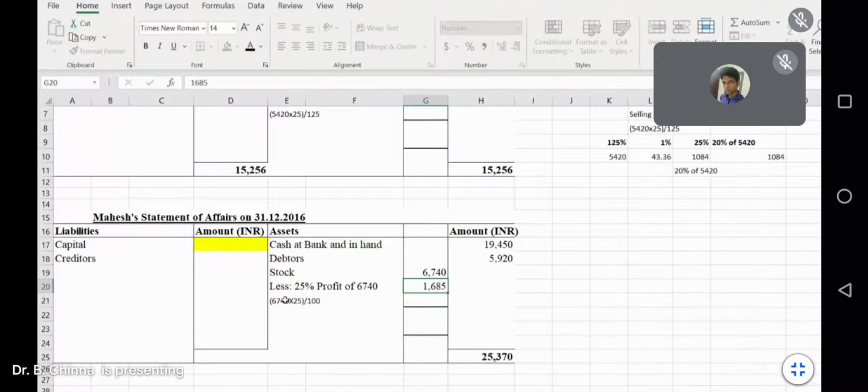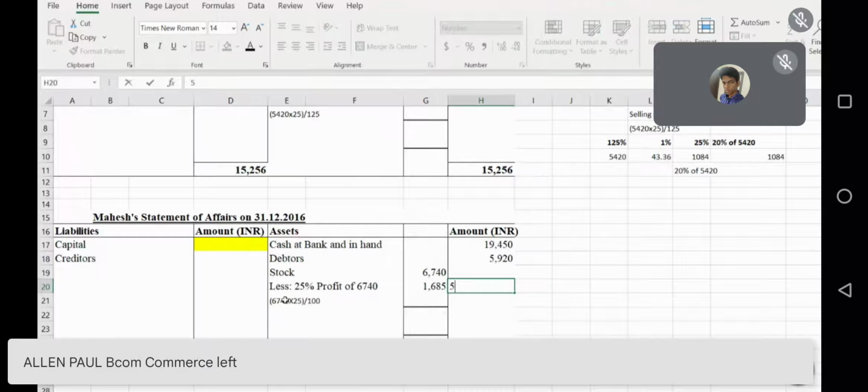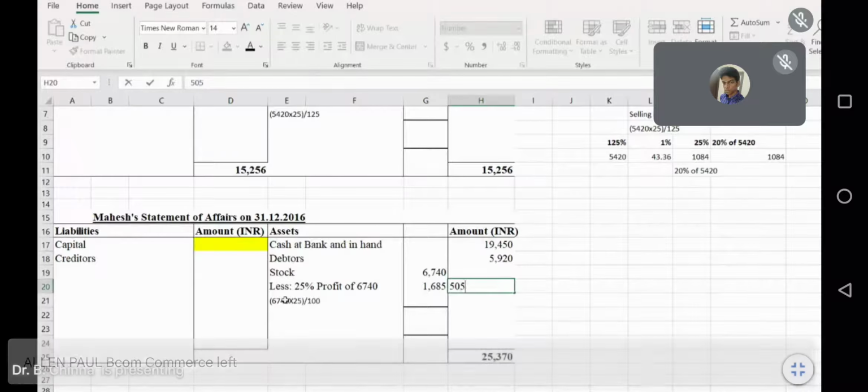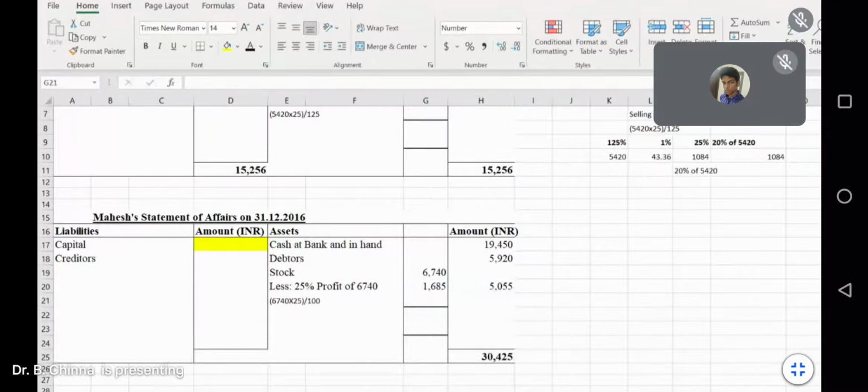Yes. Is somebody else asking? Did anyone ask anything? No, sir. Okay. What is the balance now? 5,055. And the balance sheet totals to 30,425. Clear.